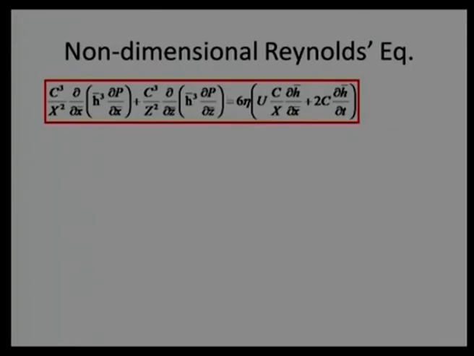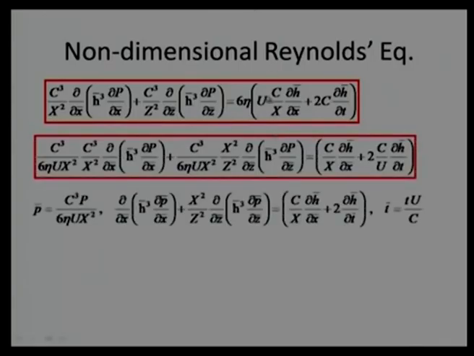One way is taking u as common, which gives 6 eta into u, while here it will be without u, and here it will be 2 c divided by u. That means u has been taken common from this bracket, and the whole 6 eta u has been shifted to the left hand side.